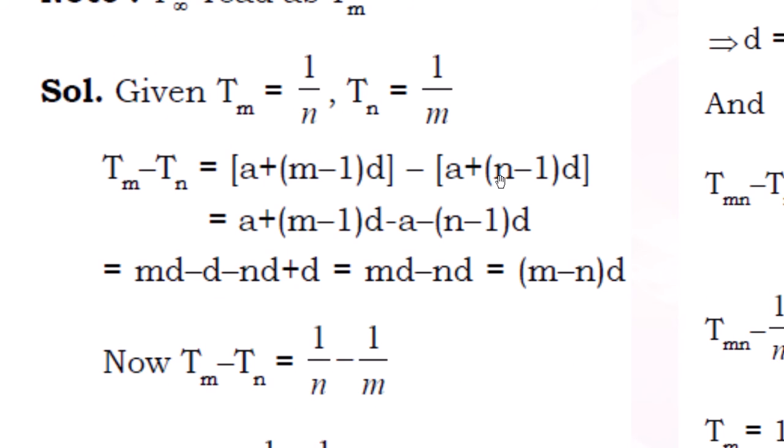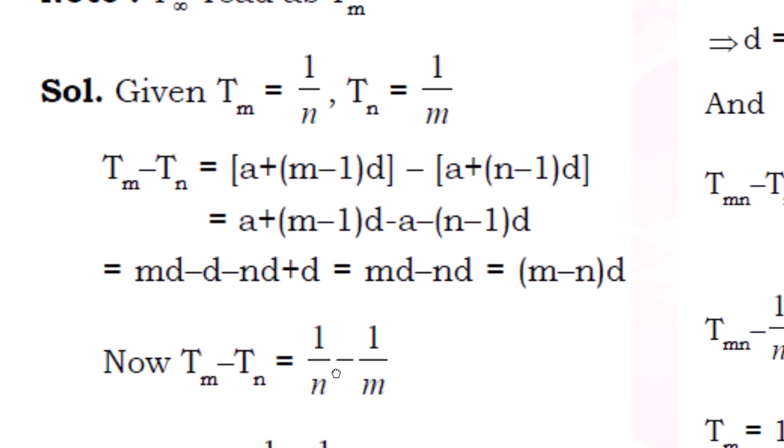Because of the minus, all the symbols will change: minus a, minus of n minus 1 into d. So a plus md, minus d, minus a, minus nd, plus d. The a cancels, the minus d and plus d cancel, leaving md minus nd. If you take d as common, we get m minus n into d.